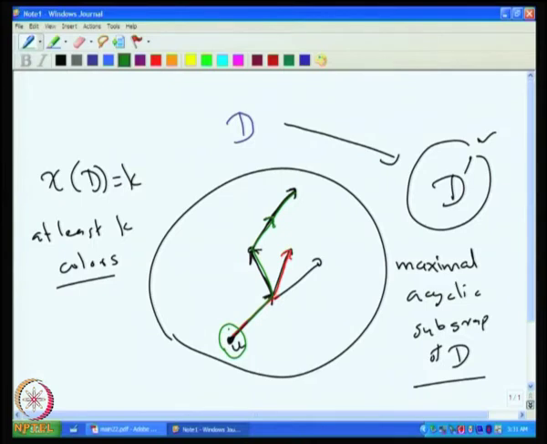Now, every vertex got a color. We claim that the colors we have given to each vertex define a proper coloring of this directed graph D, which means that the number of colors used should be at least K. That means there should be one vertex which got the value K or more, which essentially means that the longest directed path starting from there will have at least K vertices in it.